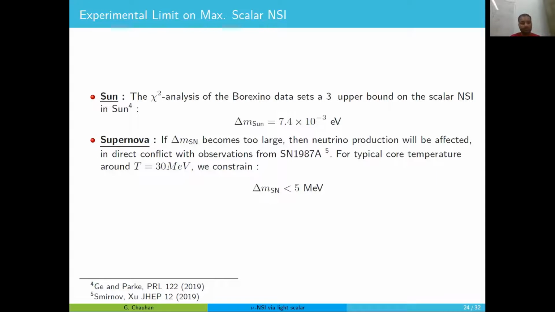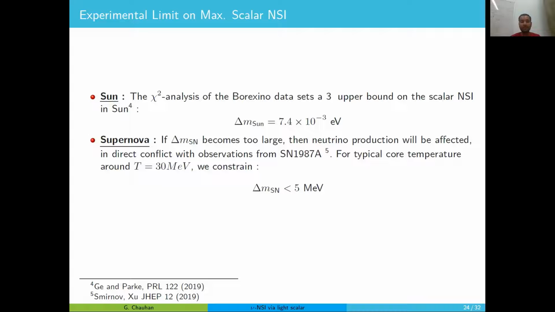And there is also a similar but far larger constraint from the case of supernova, which comes from the fact that if the scalar NSI in supernova becomes too large, even larger than the typical temperatures present in supernova, then these neutrinos will not even be produced in the processes in supernova.